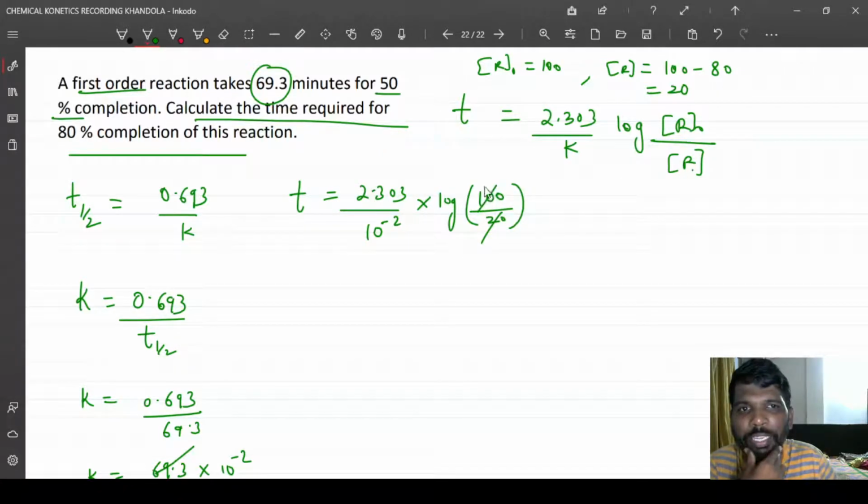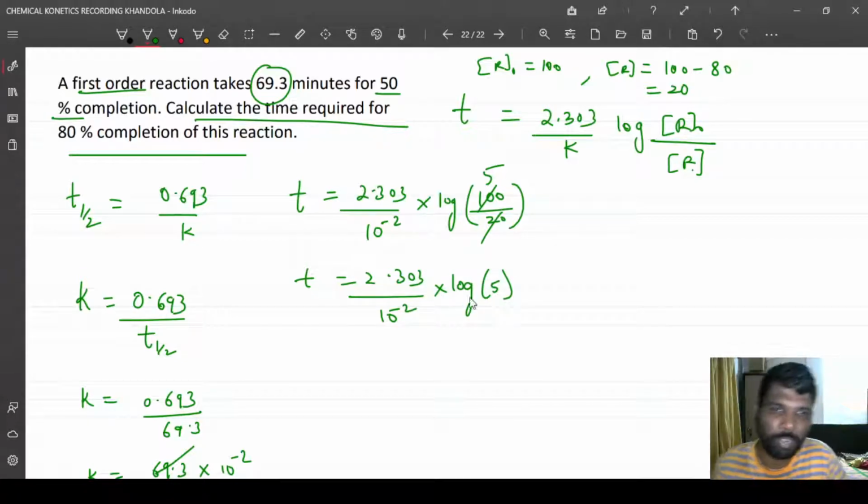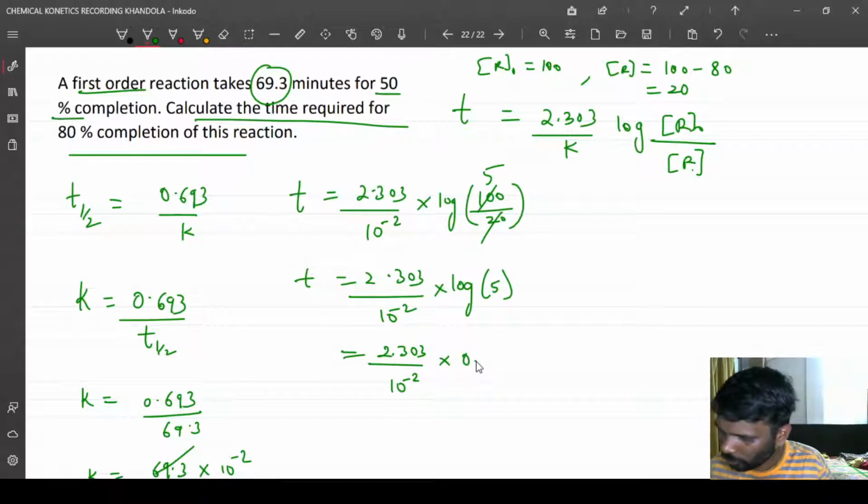So that is 5. So time is equal to 2.303 divided by 10 raised to minus 3 into log of 5. What is log of 5? I will find it. Log of 5 is 0.6990, right?